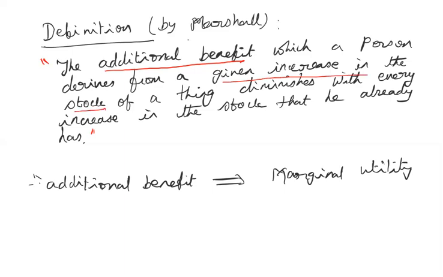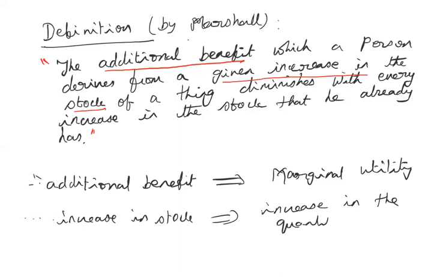So now what is that increase in stock? So increase in stock here represents the increase in the quantity. So we keep on increasing the consumption, isn't it? The stock of mangoes keeps on increasing. So increase in the quantity.